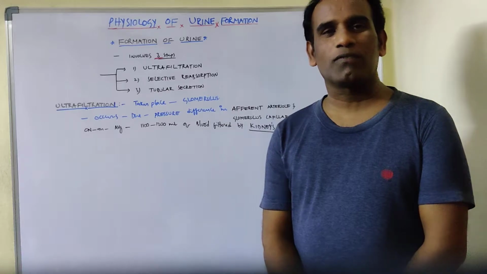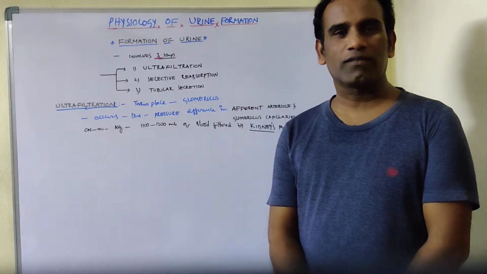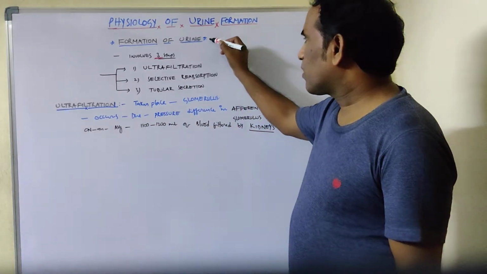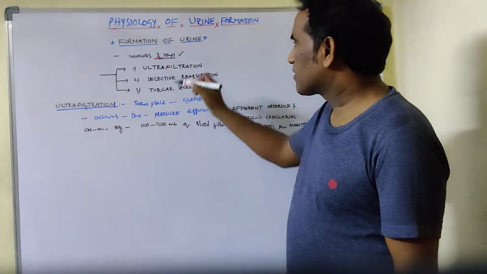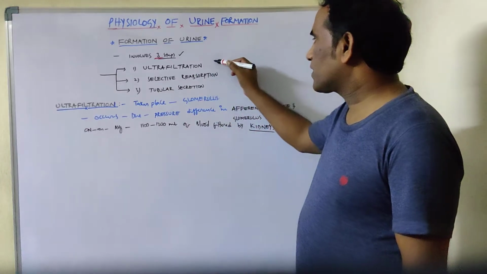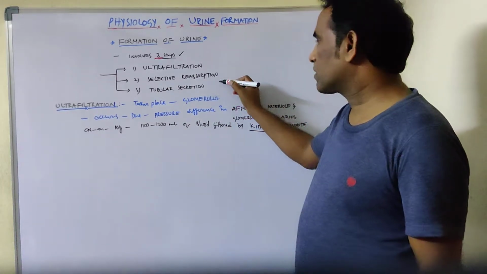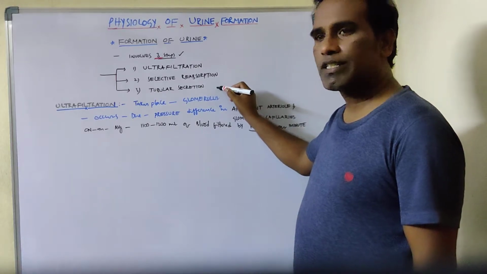Let's now talk about the physiology of urine formation. It involves three steps. Number one is ultrafiltration. Number two is selective reabsorption. Number three is tubular secretion.